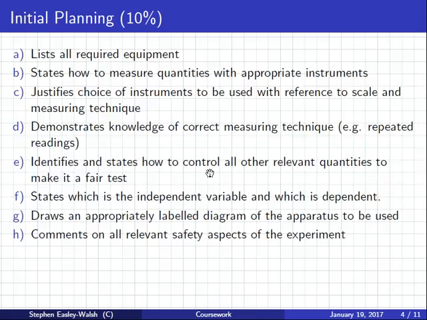So the theory ends now, and for the procedure, I need a diagram with the equipment, like how to set up the experiment. And then also you need to talk about the safety aspects.